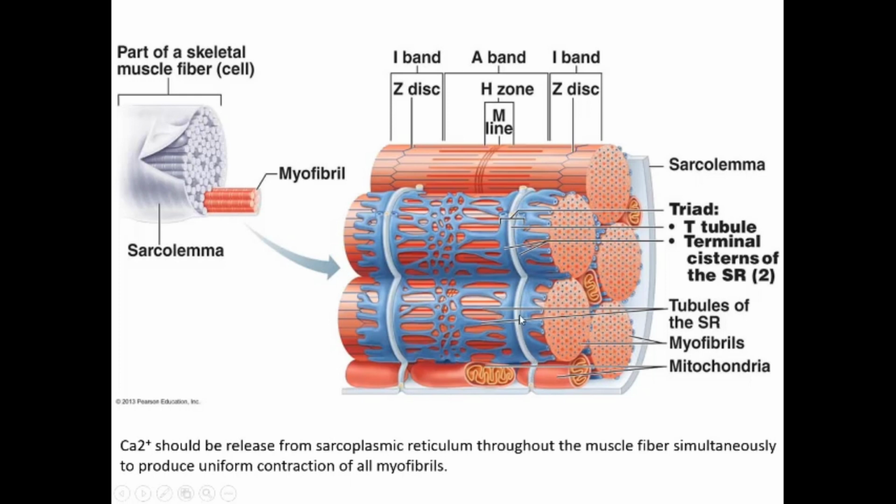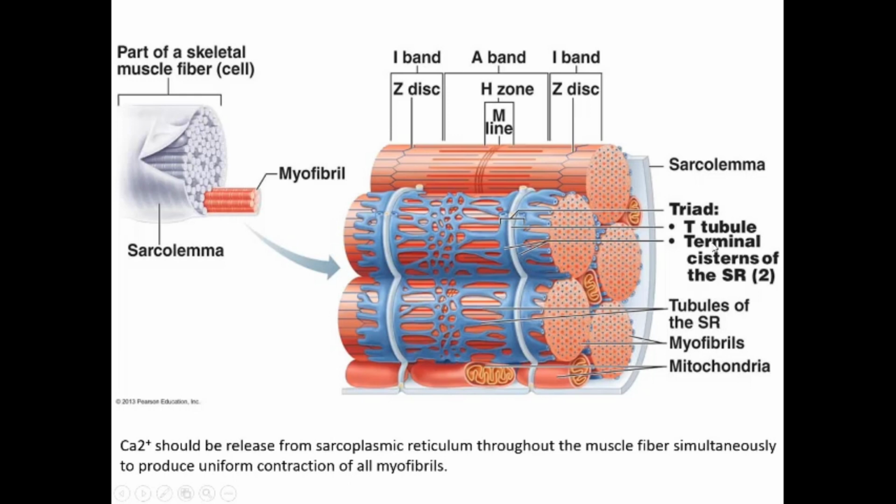These structures called transverse tubules, or T-tubules, penetrate deeply and surround all myofibrils like the sarcoplasmic reticulum, and bring action potential all over the sarcoplasm, and cause release of calcium throughout all the sarcoplasmic reticulum, and cause the uniform contraction of all myofibrils.